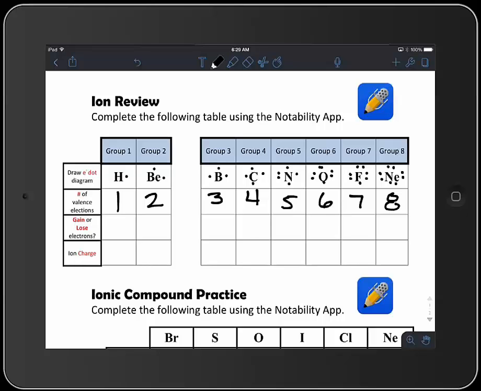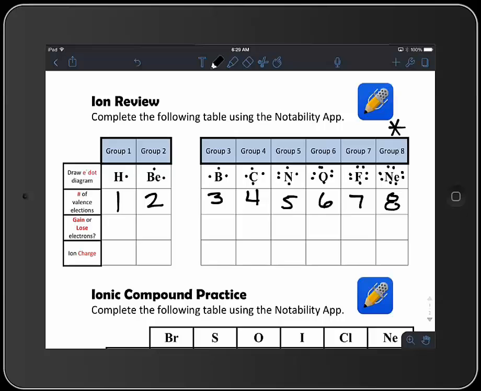Now when we start looking at these as ions, remember everybody's trying to get to this magic number of 8. And so when I see that those in group 1 have 1 valence electron, the question becomes, which is easier? Is it easier to gain 7 electrons, or is it easier to lose 1?